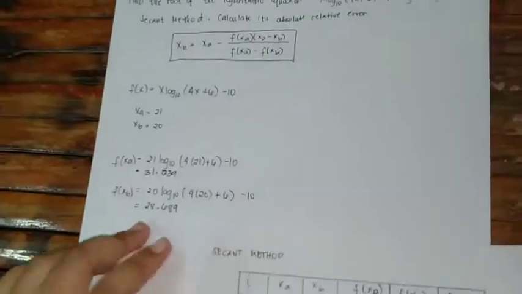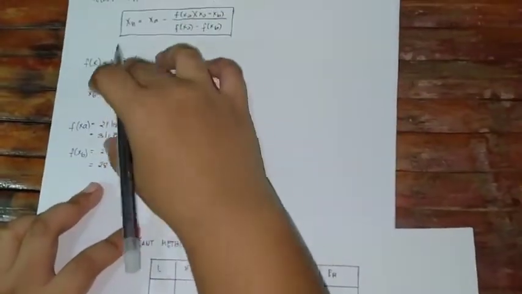Now on our table, so this is the first iteration.